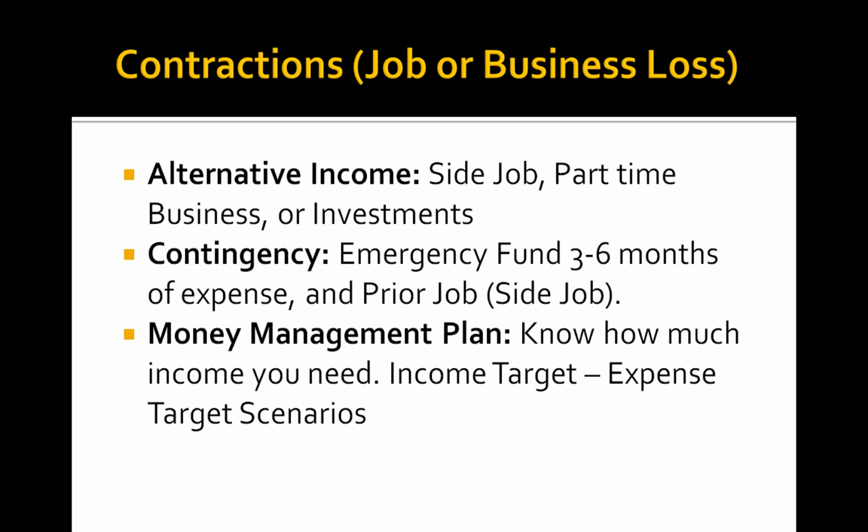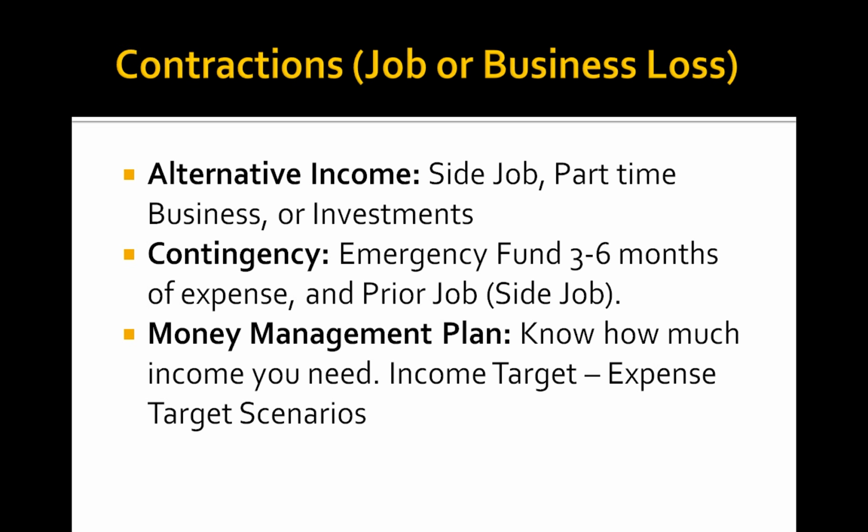Now, if you have a side business, a part-time business, an emergency fund, and you can go back to a prior job, what you'll notice is that the combination of these steps may not completely reverse whatever contraction you had, but by the same token, it'll definitely reduce the negative effects.